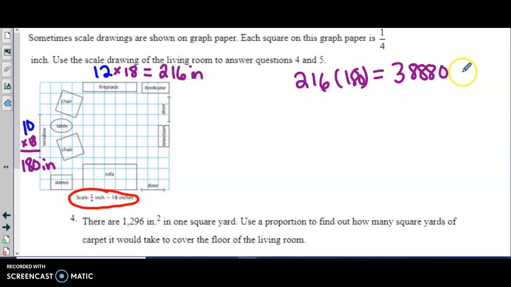Okay, this is the area of the room in inches squared. And down here it says that there are 1,296 inches squared in 1 yard, and we want to know how many yards we need. So if our total is this much, we're going to divide to see how many yards we need.